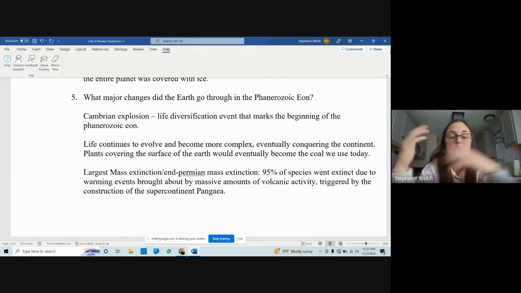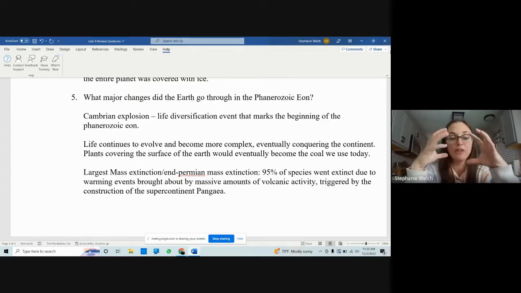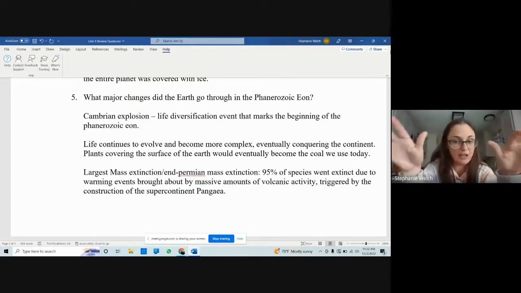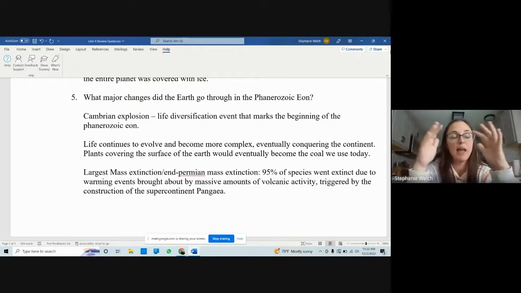And then the continents inch closer and closer together, eventually colliding to form one big supercontinent Pangaea. Anytime you have a supercontinent configuration, this is going to spell trouble in the ocean. You probably had some ocean stagnation happening at the same time.